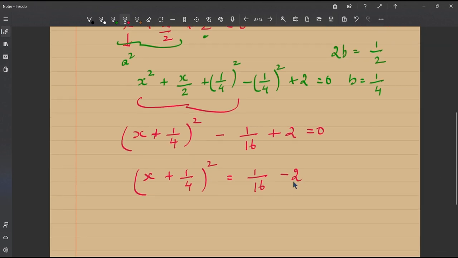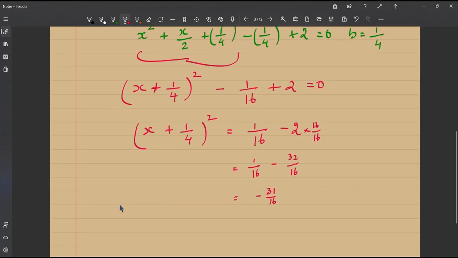And now since the denominator has to be 16 in order to add these two numbers, 2 into 16 by 16 gives us 1 by 16 minus 32 by 16, which is equal to minus 31 by 16. All of this, minus 31 by 16, is x plus 1 by 4 the whole square.